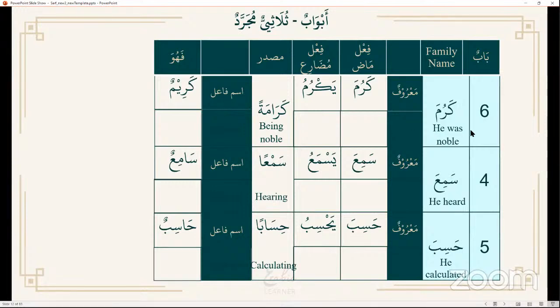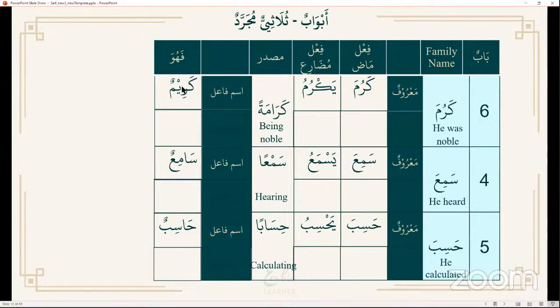Okay. And even from meaning, if you see, out of all 6 bab, this karuma is something very exceptionally different. See, he heard, he calculated, he helped, he opened, he hid. But when it comes to karuma, he was noble. Very different.